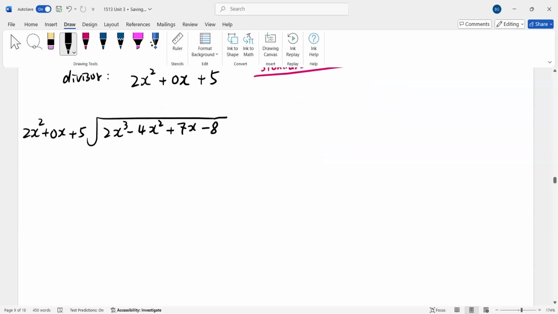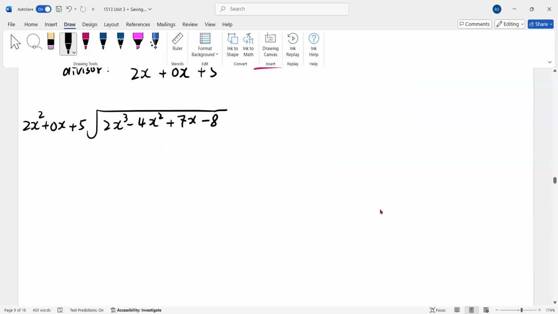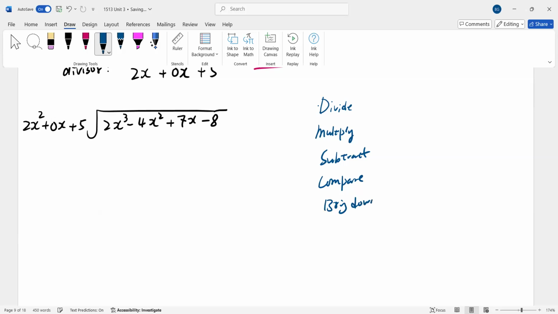So the process of long division includes the following steps. Divide, multiply, subtract, compare, bring down. Okay, so I'm gonna explain what is divide, what is multiply, what is subtract, compare, and bring down.